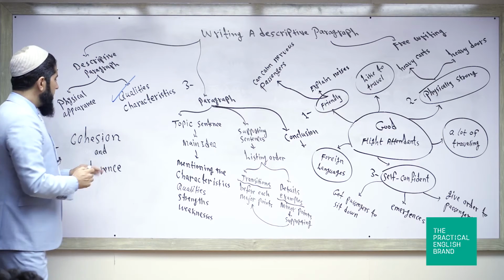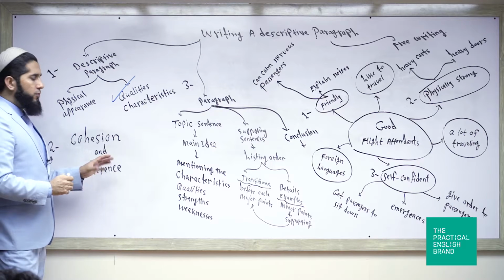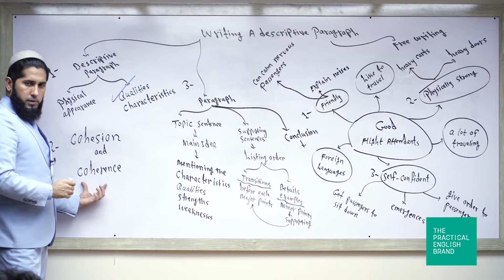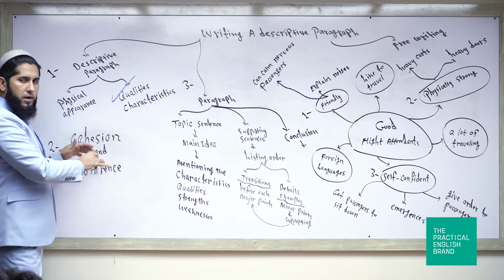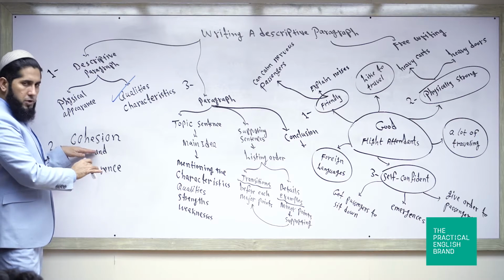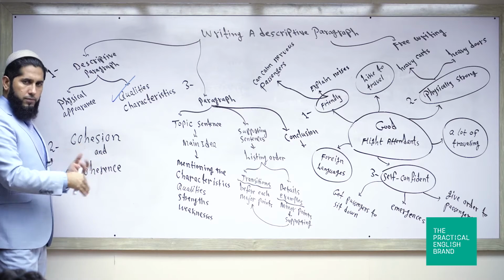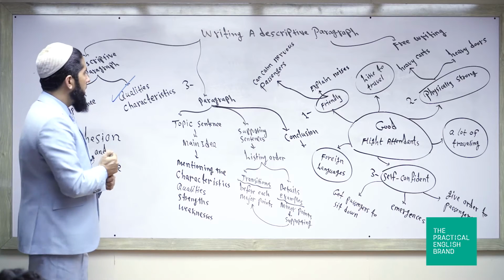Okay, so keep in mind to follow the cohesion and coherence. I've already explained what they are. Okay, so cohesion focuses more on grammatical order, and coherence focuses more on logical order.